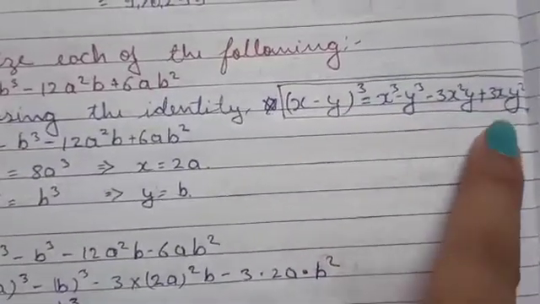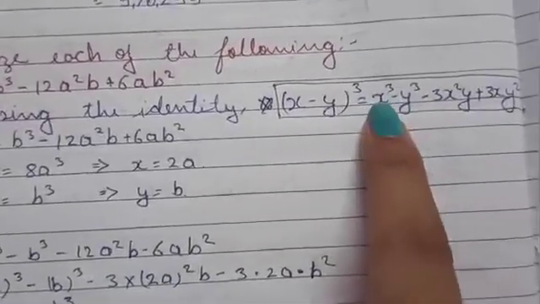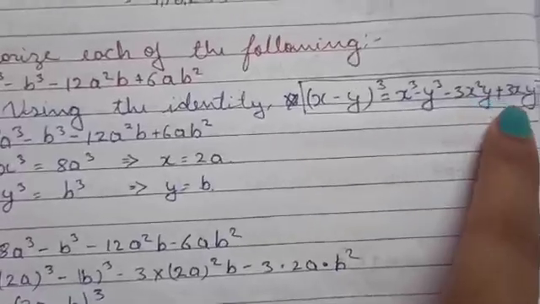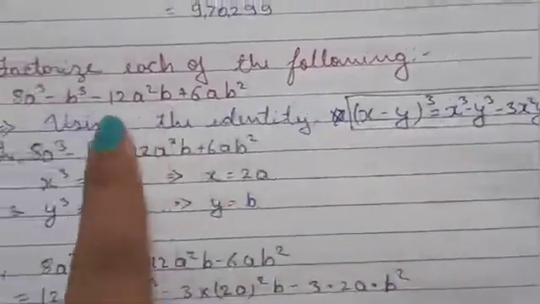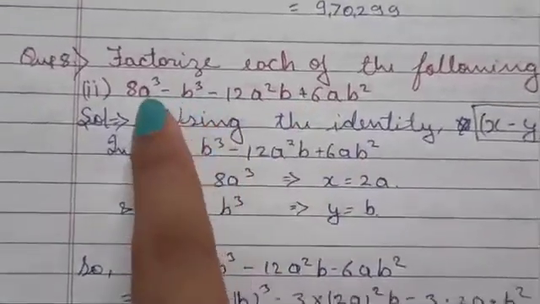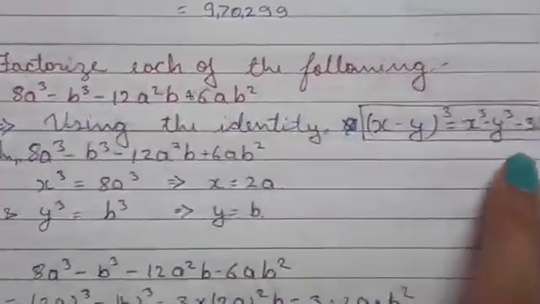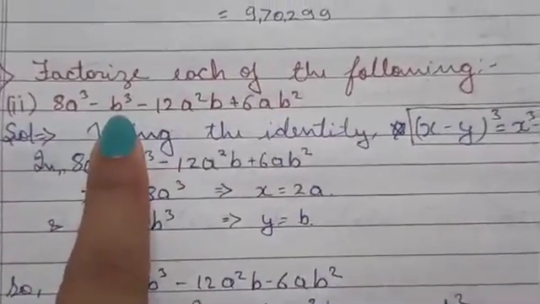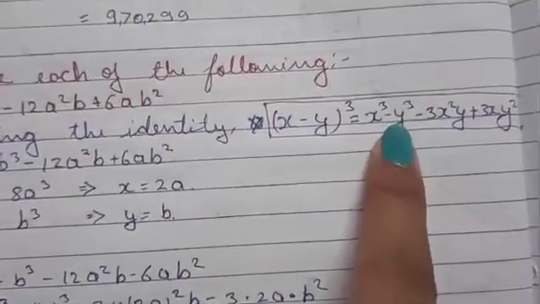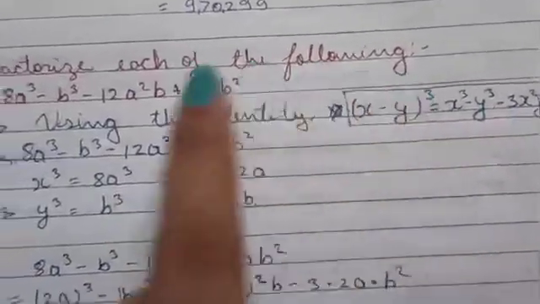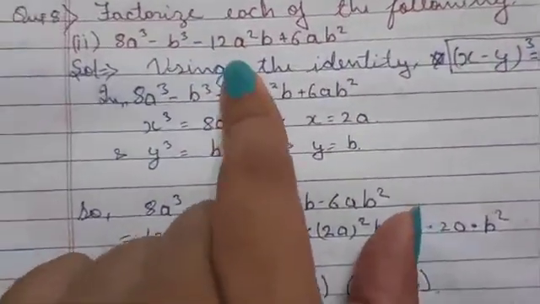In this expansion, the terms with x cube, y cube, x square y and xy square are similar to the terms of this expression. Like the first term is a cube, here we have x cube; the second term is minus b cube, and here we have minus y cube. So using this identity only we will factorize this expression.